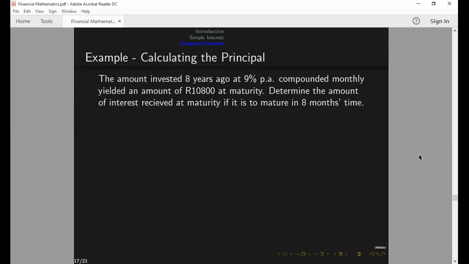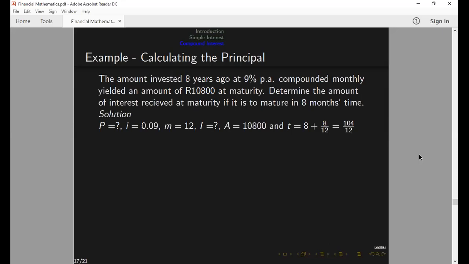Now, what we want is to determine what is the full maturity period from when it was first made to when it will be last received, or that particular day it's supposed to be taken out, or what we say, the last day when it will mature in 8 months' time. So solution, P is unknown.